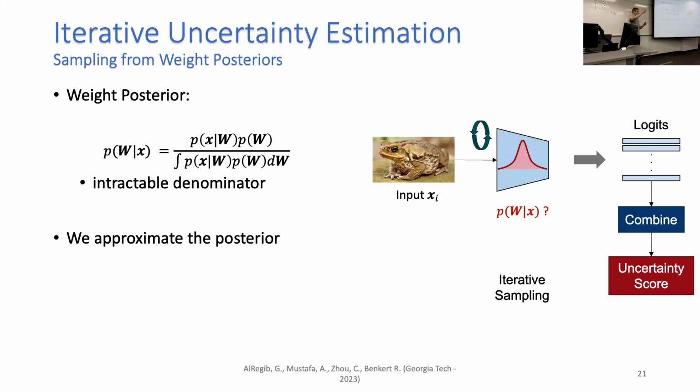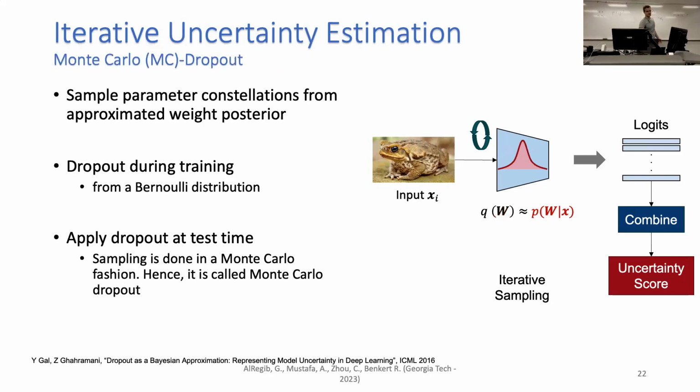And after a while, each optimization step represents a sample from that distribution. But there's actually a way simpler way of doing it, which is a very common way of using it in industry and in academia, which is called Monte Carlo dropout.